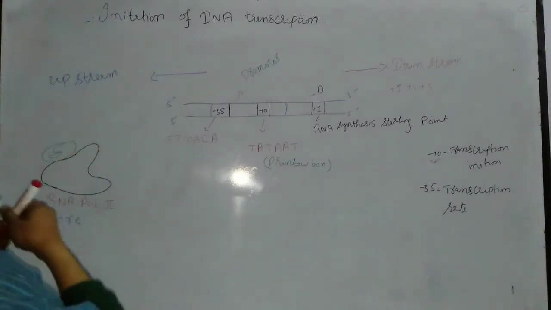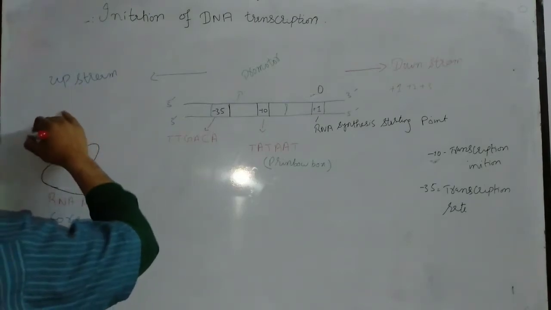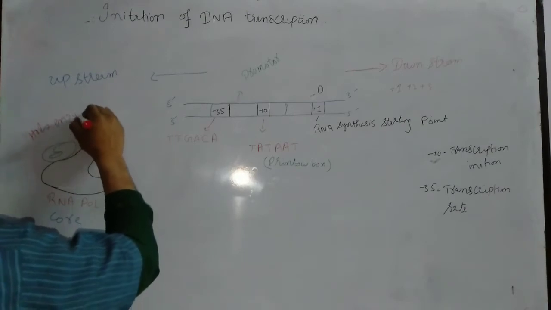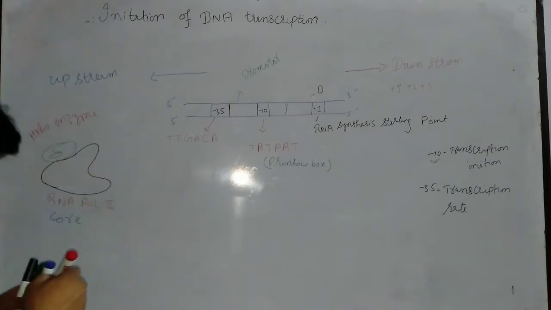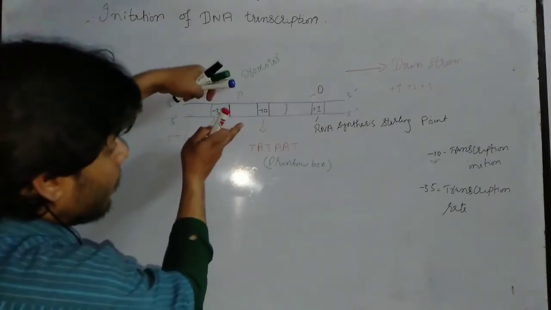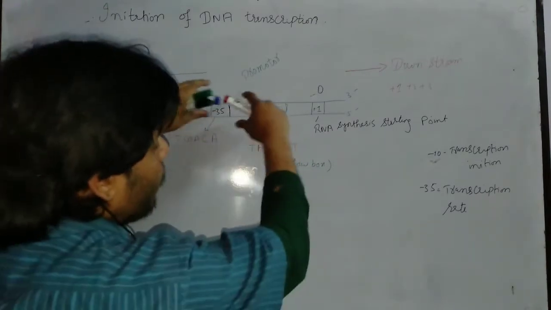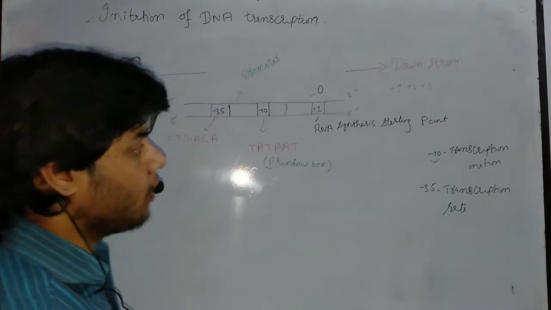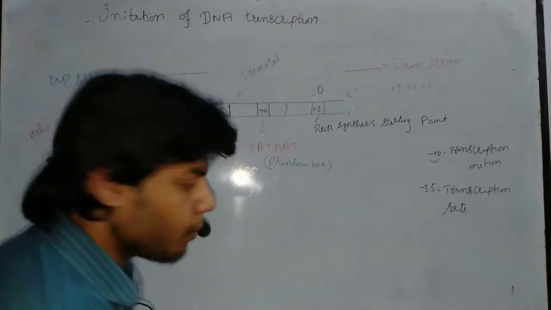So let me write here, it will be converted into holoenzyme. And now after that, it will bind tightly on the promoter region, and then it will start the initiation process.